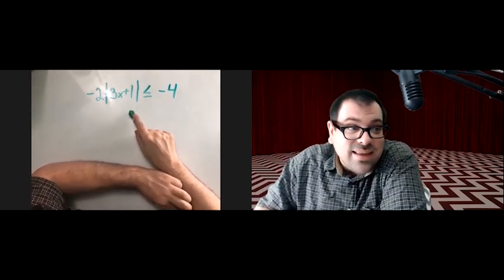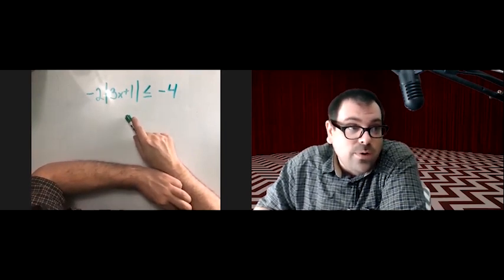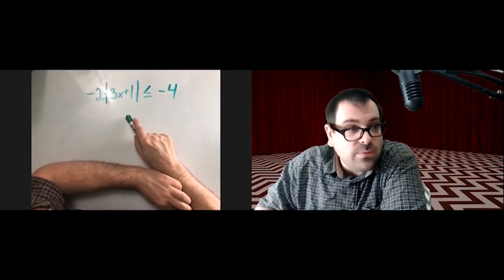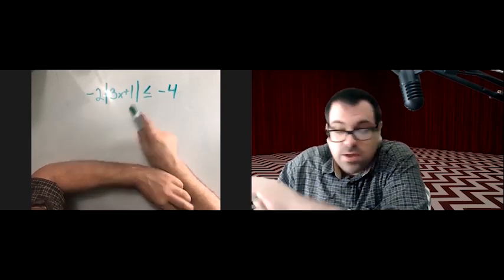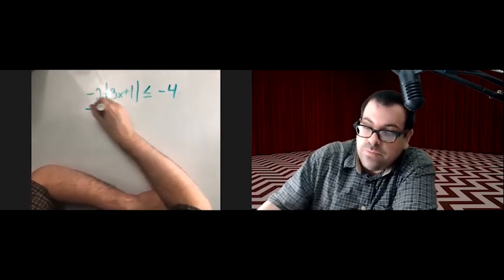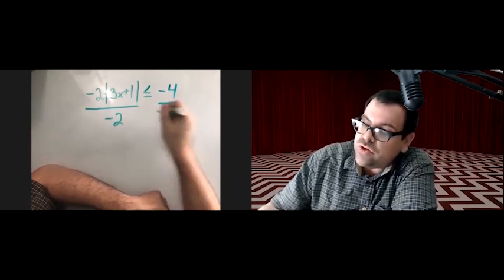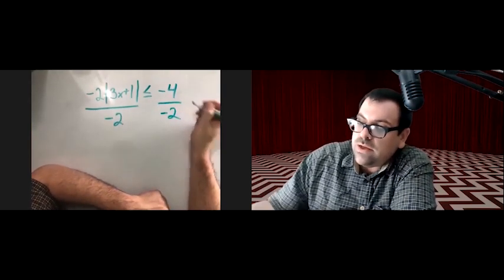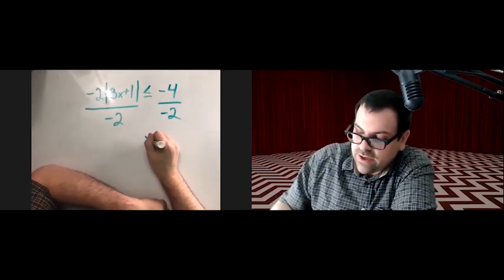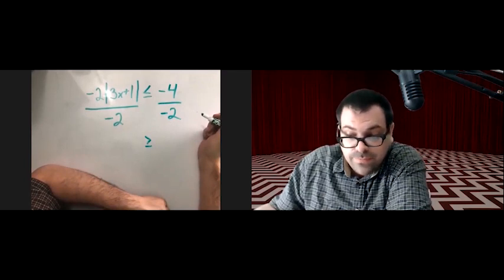This isn't in the final form. So this is why I'm warning, always put it in the absolute value by itself form first, because look at what happens. To get the absolute value by itself, we have to divide both sides by negative 2. Dividing both sides by a negative is going to change less than or equal to into greater than or equal to.